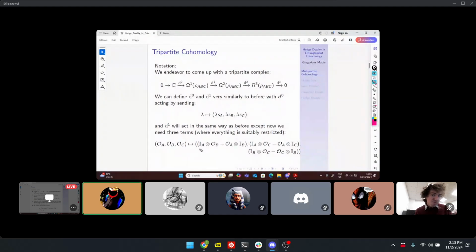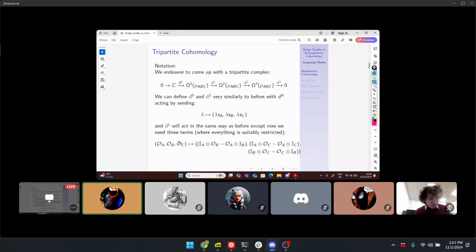And D1, so now we're sending everything here, suitably restricted. I just didn't have enough space to write it in the equation, but everything here is restricted to row A, row B, and so on.